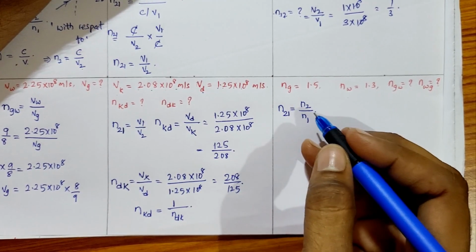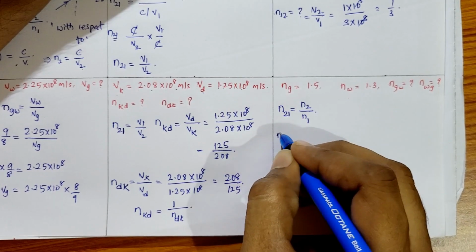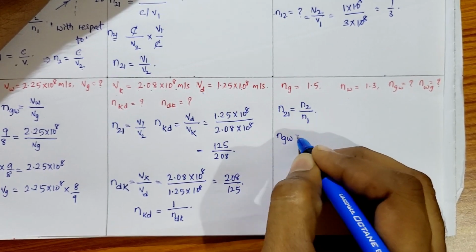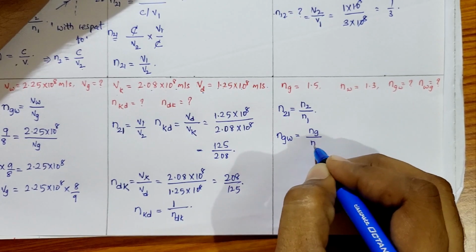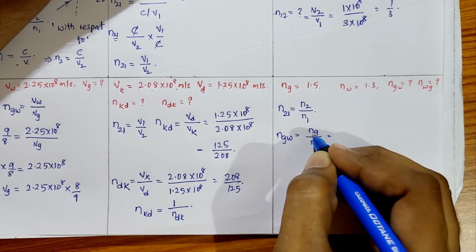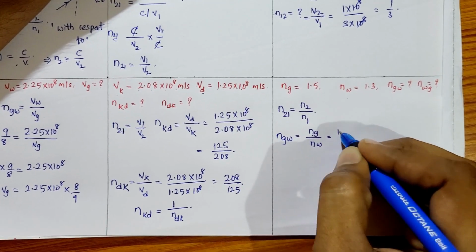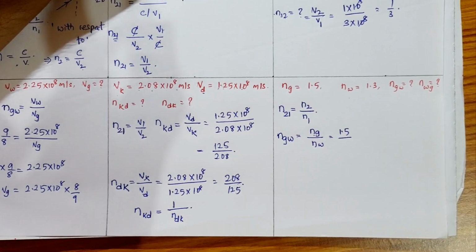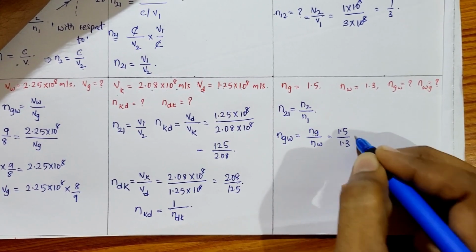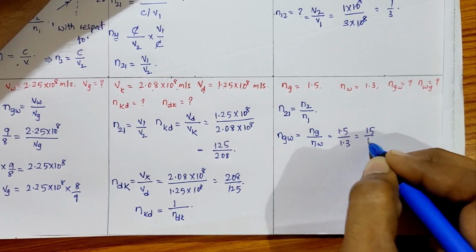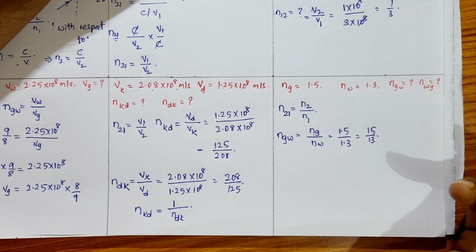They ask to find the refractive index of glass with respect to water. It will be refractive index of glass divided by refractive index of water. What is refractive index of glass they gave? It is 1.5. What is refractive index of water they gave? It is 1.3. So it is going to be 15 divided by 13.